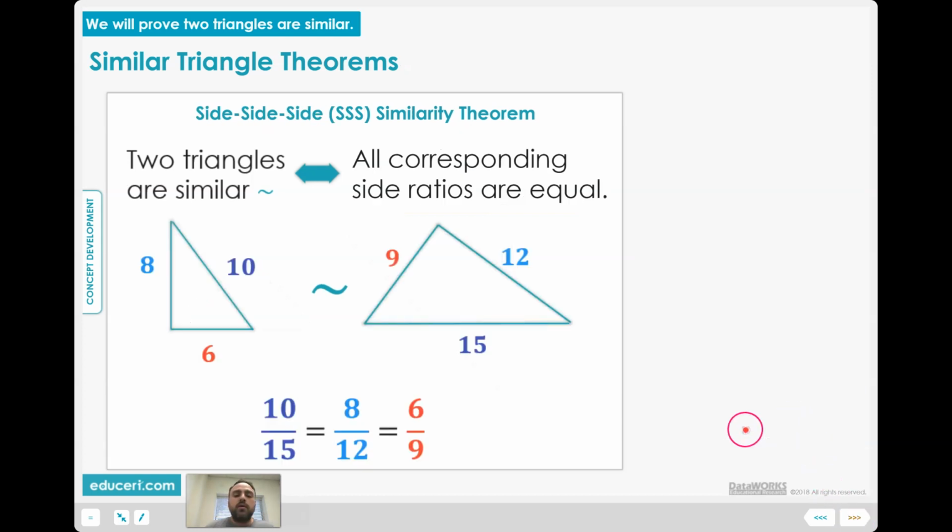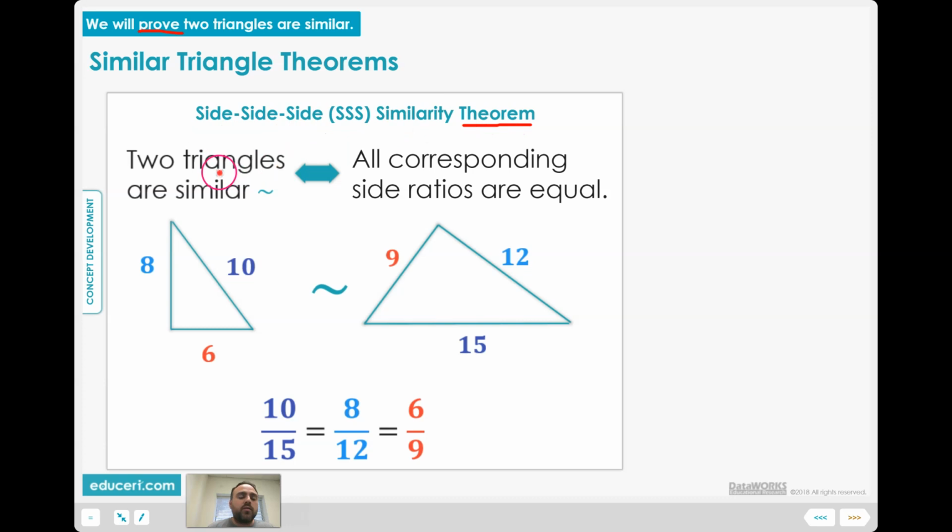Great. Here is another theorem that we have for proving two triangles are similar. This one is called the side-side-side similarity theorem, or abbreviated SSS. Just like angle-angle, which required two angles to be equal, this one's going to require a condition of all three sides of our triangle.